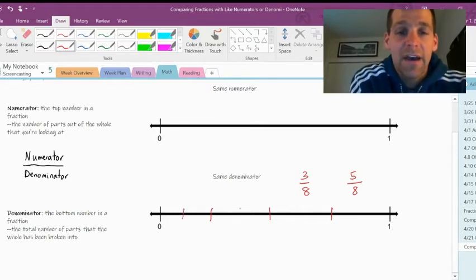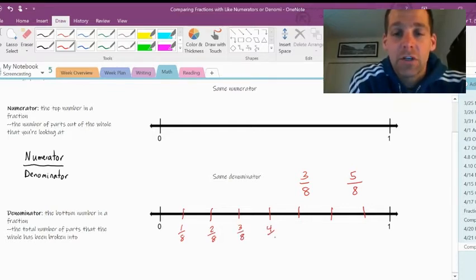Divide these again in half, and now I've got 8 parts. I've got 1/8, 2/8. I don't have to label each one, but I'm going to, just to make sure I get my fractions correct and know exactly where I'm supposed to go. 5/8, 6 out of 8, 7 out of 8, and again, 1 whole being 8 out of 8.